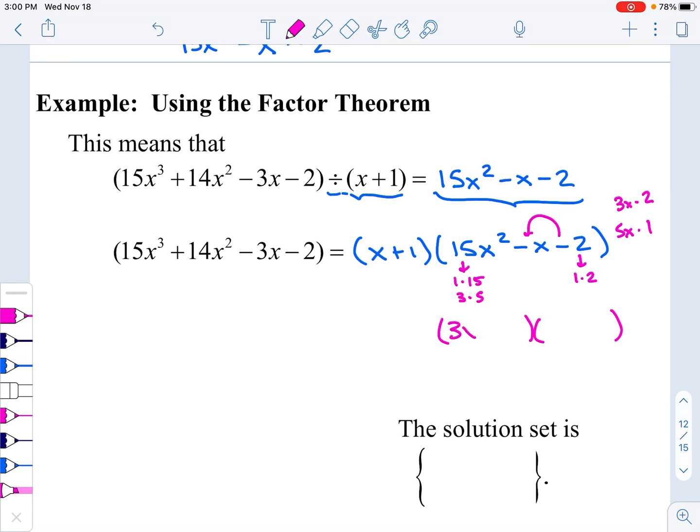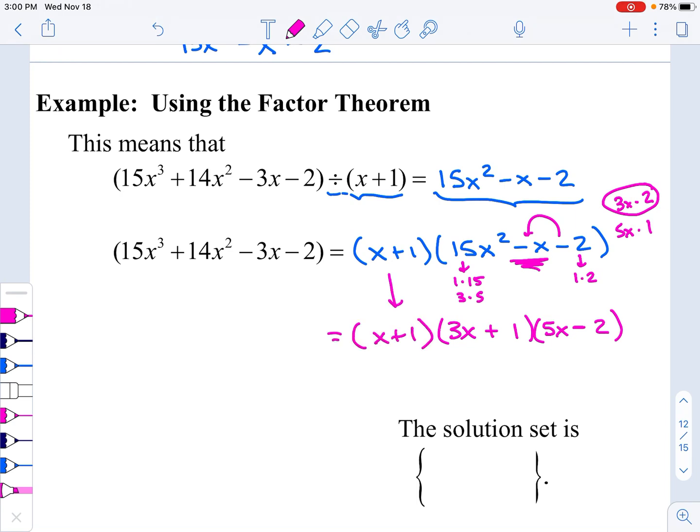So we're taking a 3x multiplied by 2, and a 5x multiplied by 1. In terms of my signs, this needs to be a negative x, which means the 6 has to be negative where the 5 had to be positive. The 6 to be negative, that minus has to go in front of the 2. And this is going to be an addition, and we drop down our x plus 1.